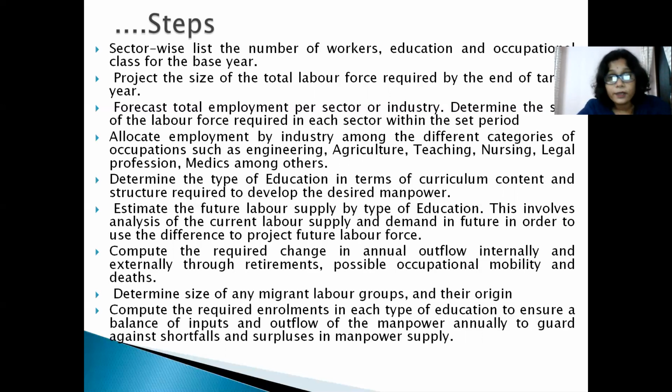So different categories of occupations are there in a country. So all those employment must be allocated. In all those employment areas, resource allocation must be according to their need, according to their demand.